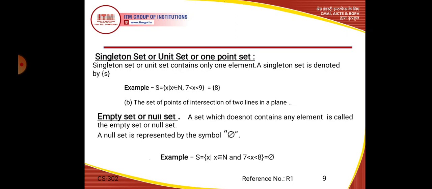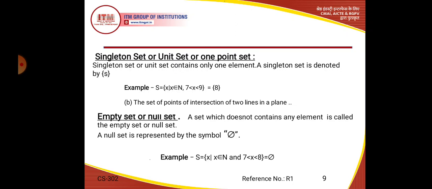So this set consists of an element which is greater than 7 and less than 9. So only one number is possible in this case, which is 8, because 8 satisfies this property. So this is the set which has only one element. Then we can say it's a singleton set.